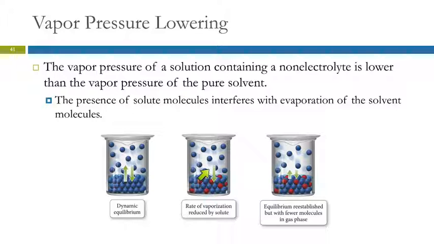So now the rate of evaporation has slowed. The rate of condensation depends on the concentration of the gas particles. So this will remain at its original rate, but then the concentration here is going to be decreasing, and so eventually it will become the same as the rate of evaporation, but they're both smaller now, and so the vapor pressure here is lower. Does that make sense?